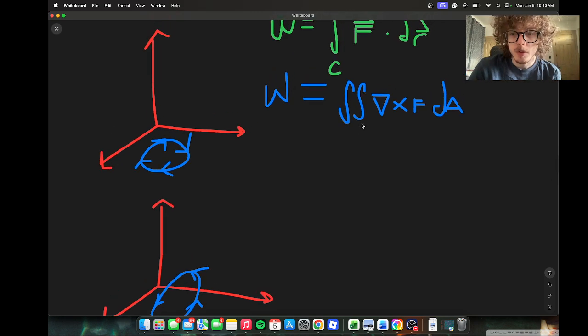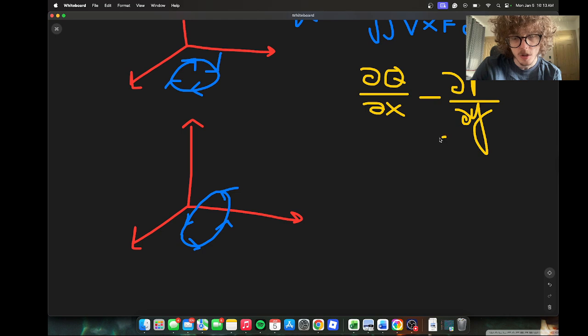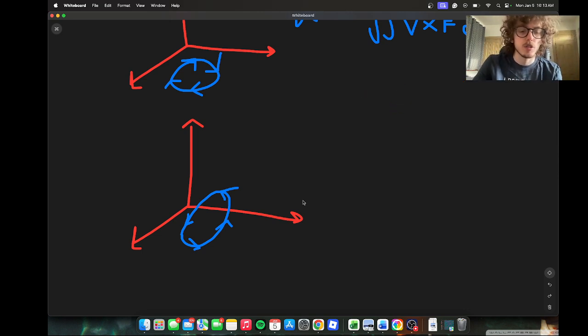Green's theorem, if you notice, the curl that you'd be evaluating is only in 2D. The curl would be partial q partial x minus partial p partial y. But notice now that this curve is not in 2D, it's in 3D, so we have to have z components in there, and that's where Stokes' theorem comes in.